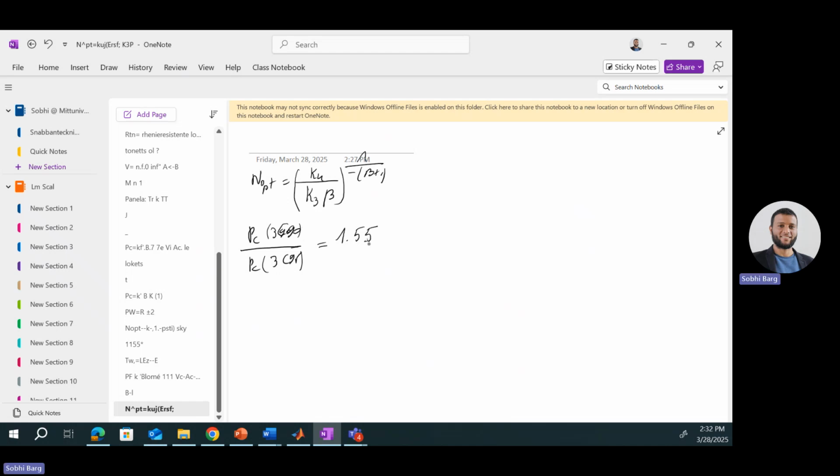Okay, now we need to remind something about the Steinmetz equation. The Steinmetz equation is given by this equation: k times f to the power of alpha, B to the power of beta, and times the volume. Here both materials have the same magnetic core, so you don't need to look at the volume right now.